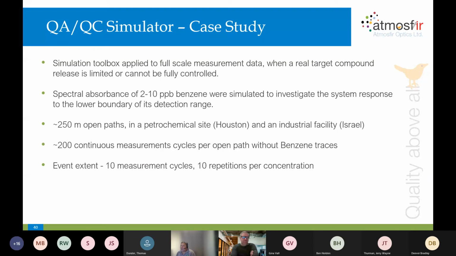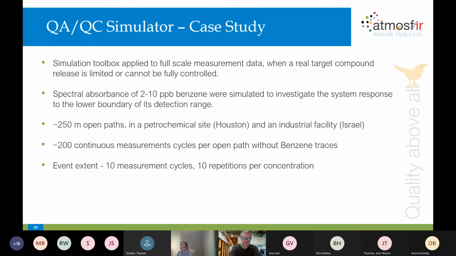But not all the time do we have calibration gas, or can we release it, and not all the time do we have NIST calibration gas. So what we invented is a simulator. One of my clients wanted me to measure a gas, and I didn't see the gas. So how can I make sure that if the gas was there, I could have seen it?